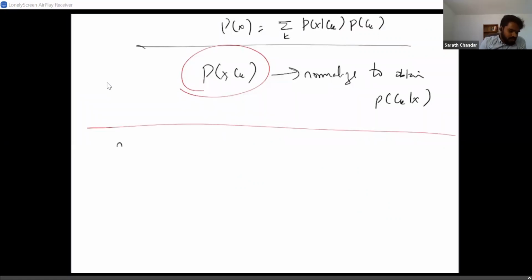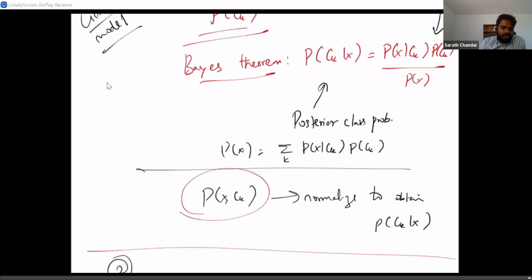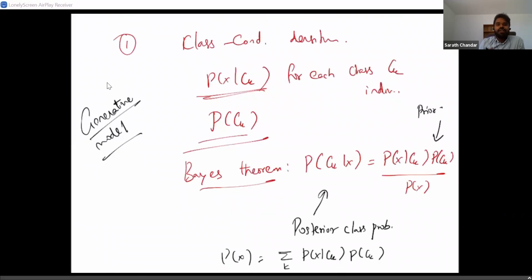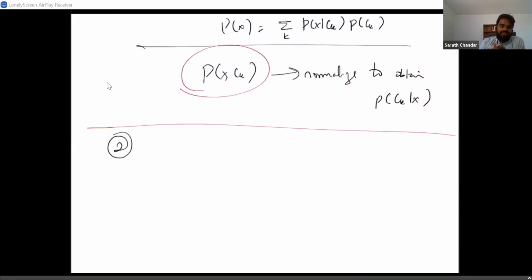Now the second approach is a bit simpler than the first approach. Why do we need to go through this whole process of finding P of x given Ck, P of Ck, and then invert it by using the Bayes theorem, right? Instead, the second class of solutions directly model P of Ck given x.